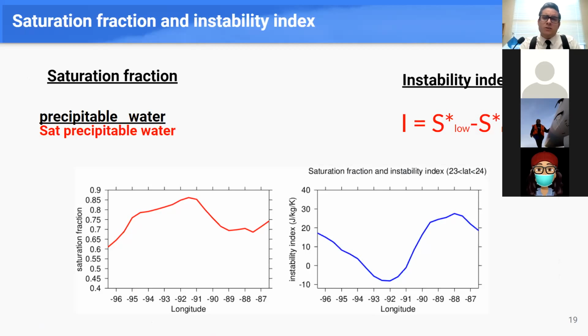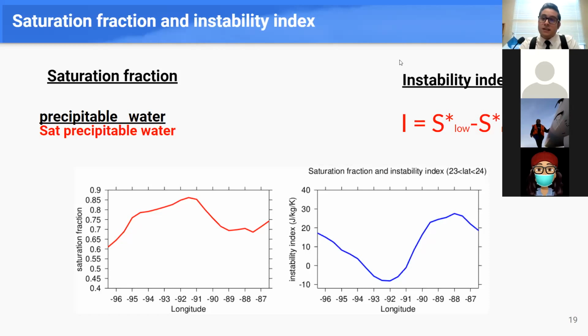But why do we divide it over the saturated precipitable water? I highlighted it in red because precipitable water talks about the moisture, and saturated precipitable water is a function of temperature. So we make saturation fraction both a function of moisture and temperature. This would be related to something else that we call instability index.